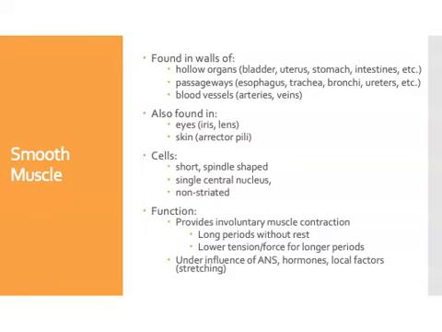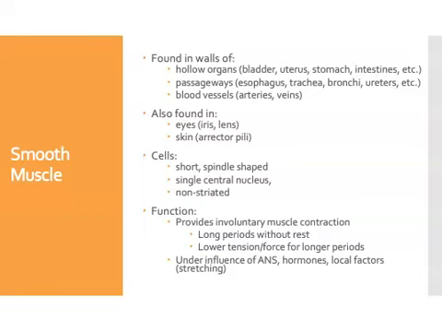It's important to note that smooth muscle fibers are literally thousands of times smaller than skeletal muscle fibers. So the way that they contract is going to be very different from the way that skeletal muscle fibers contract.